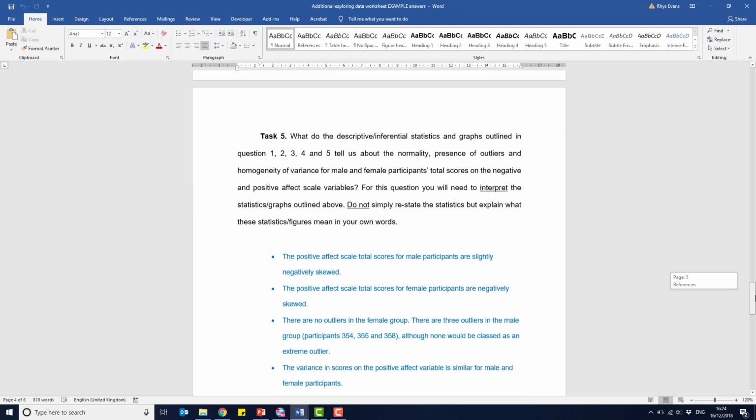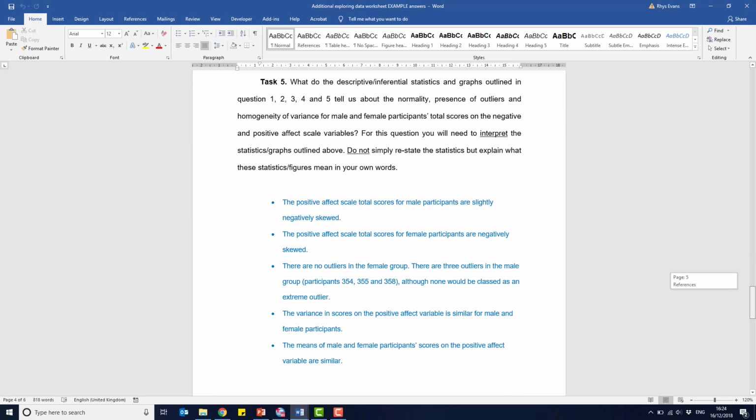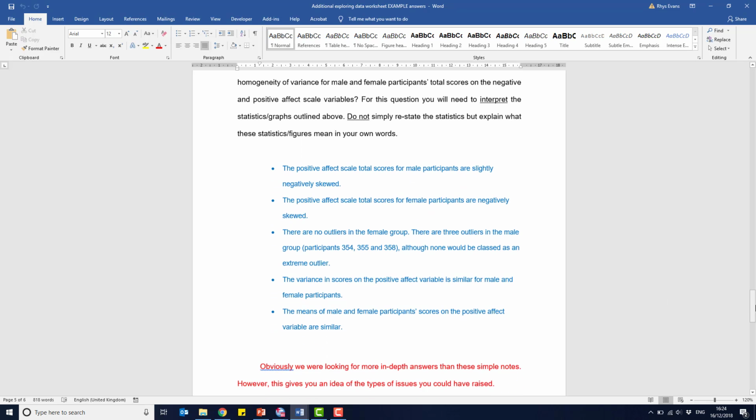So there's actually a lot to discuss in terms of task 5. I'm only looking at, for the moment, the positive effect variable. You need to look at them both, and you'd need to combine that and think about what it tells you about the data overall. But what we can say is that the positive effect scale score for males was slightly negatively skewed, as was the data for females.